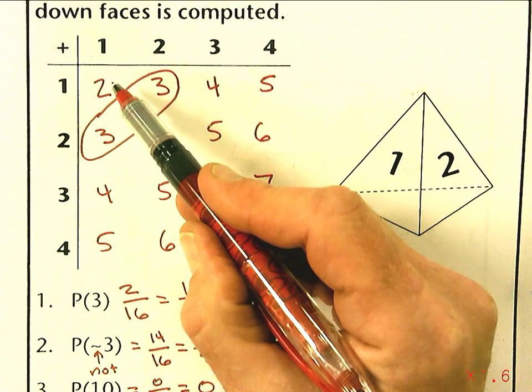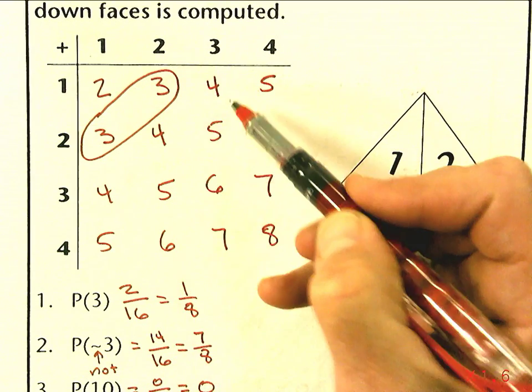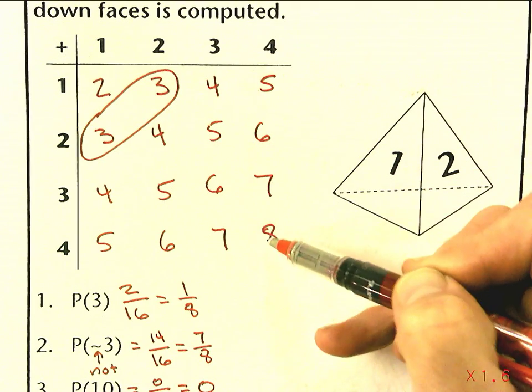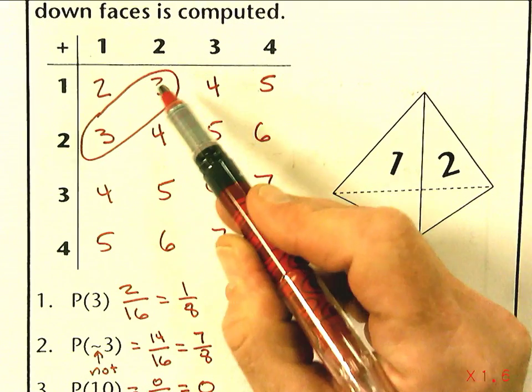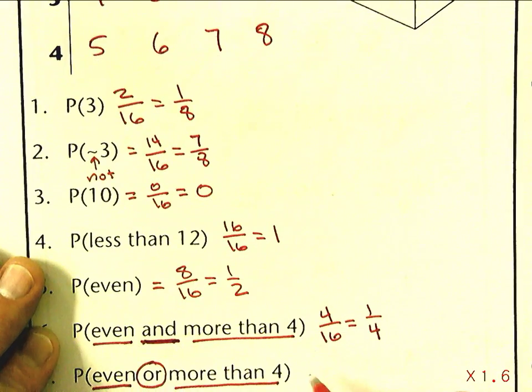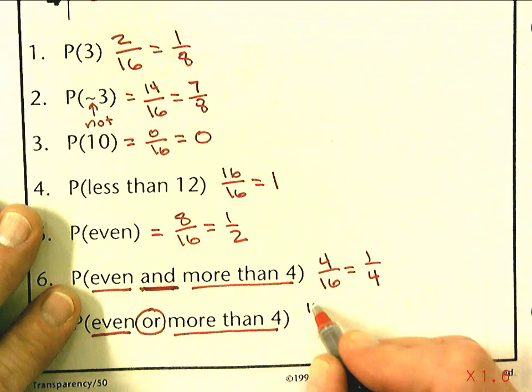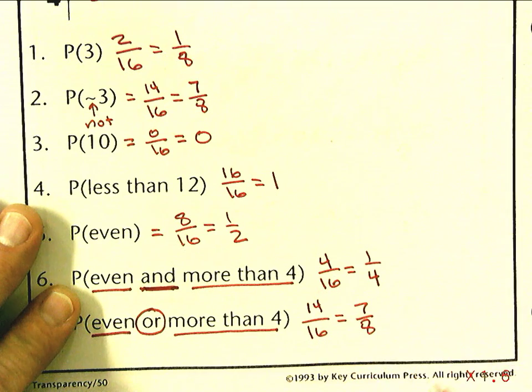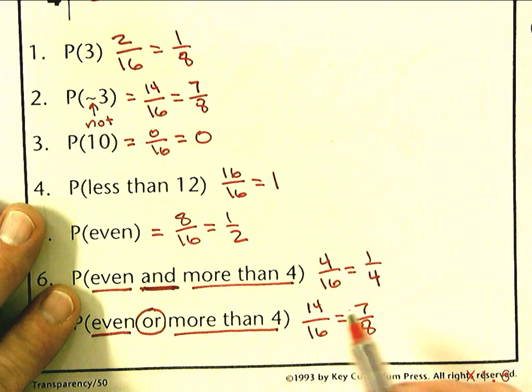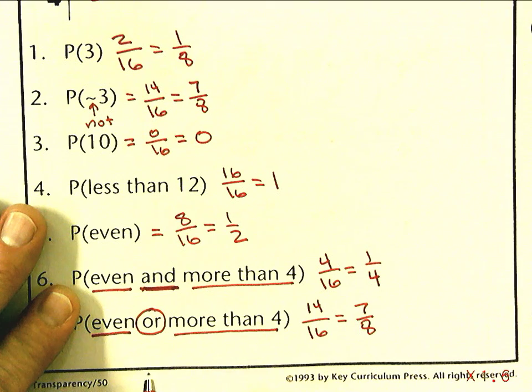Everything else fits into the description of either even, these are even, even, even, or more than 4, which is the 5s and the 7s. So we have everything, 14 of the 16 are even or more than 4, which reduces to 7 out of 8. Again, OR gives you much more. Either of these could be true, and so we get lots more possibilities with the OR statement. And that's 12A.